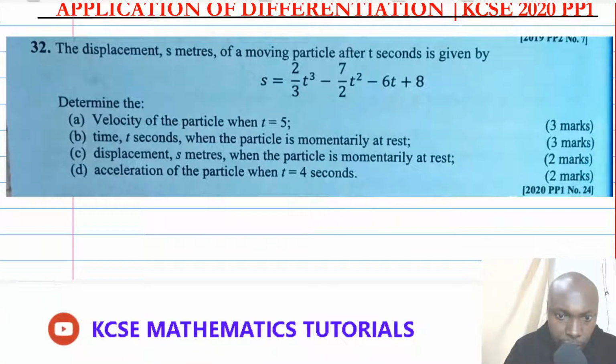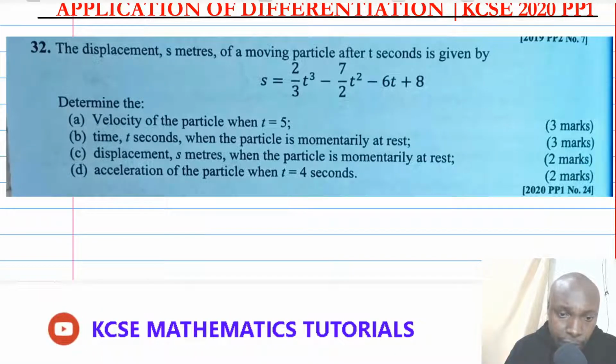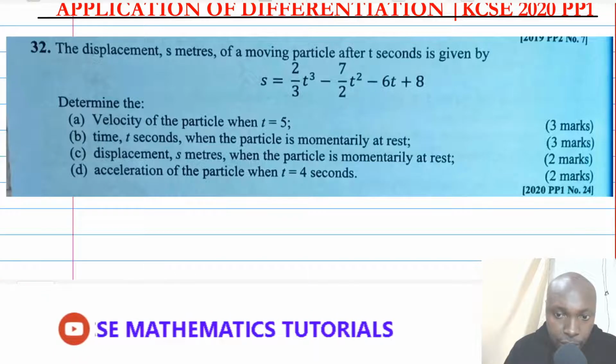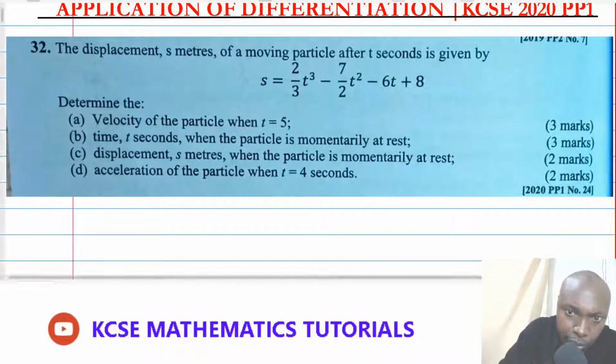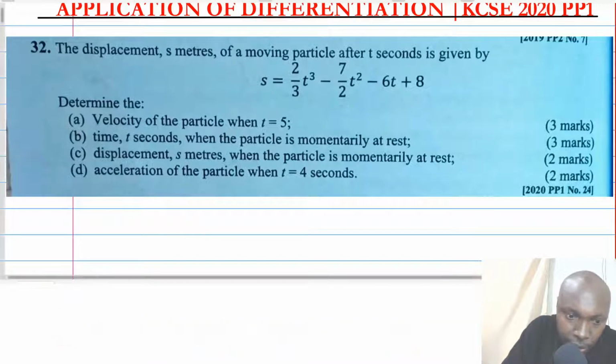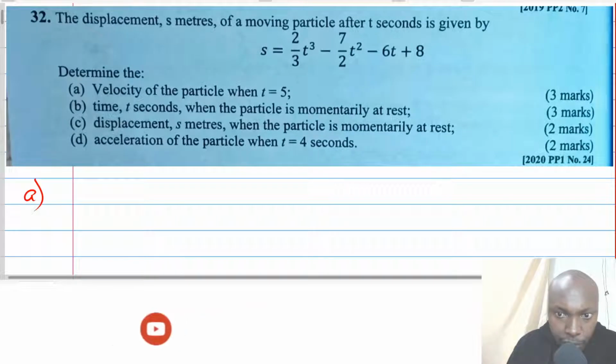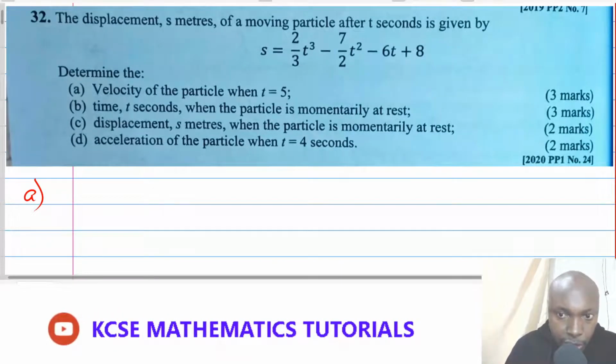The first one is the velocity of the particle when t is equal to 5. So how do we get velocity when given displacement? To get velocity when given displacement, we differentiate displacement.